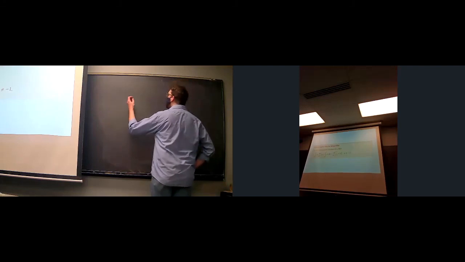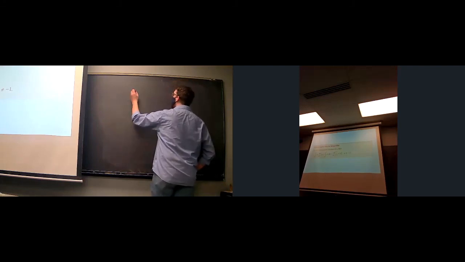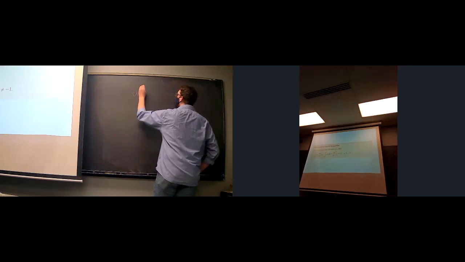All right, so let's think about what this is asking us to solve. This is saying we've got some function u of x raised to the n, right? We took the derivative of this thing.